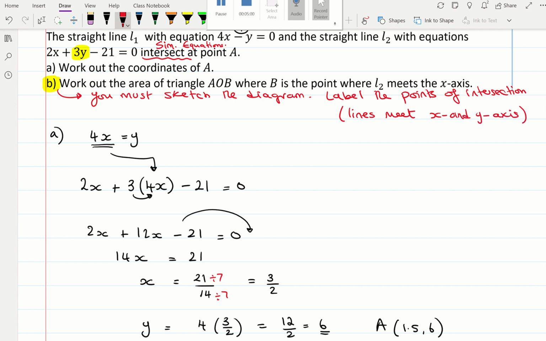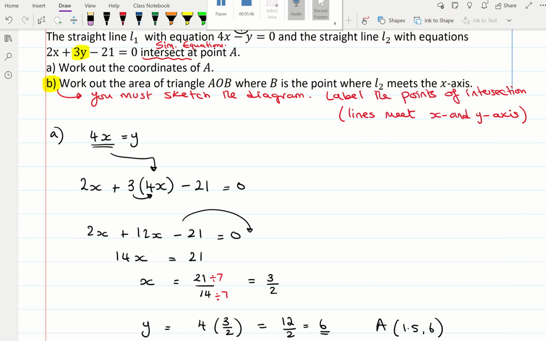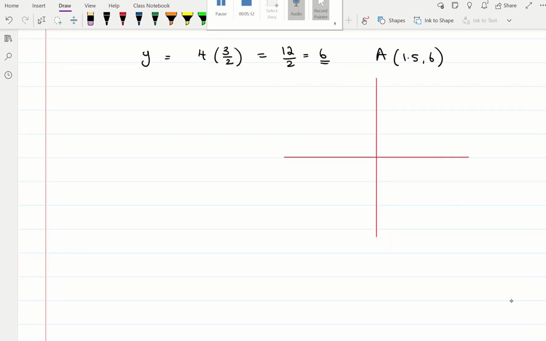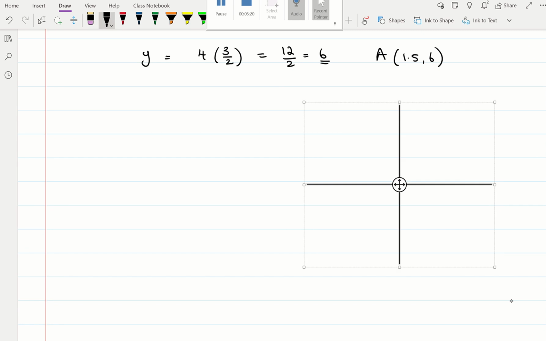Okay, so for B, I need a coordinate. So something like this. There we go.